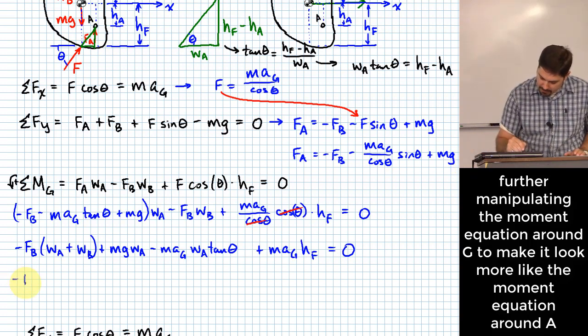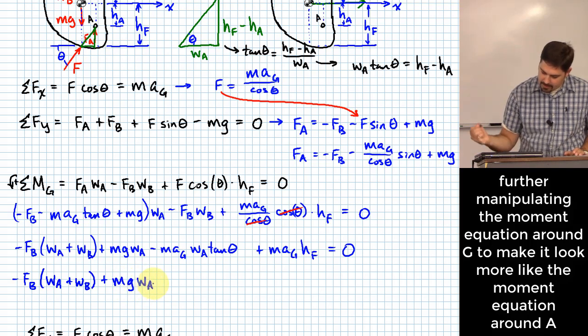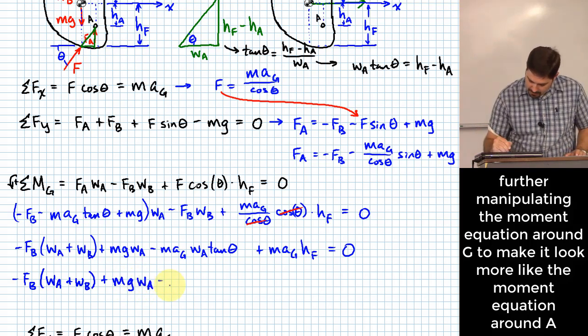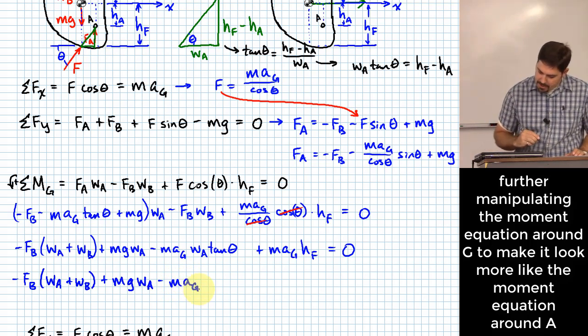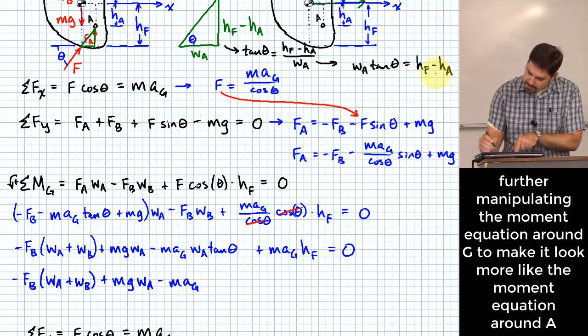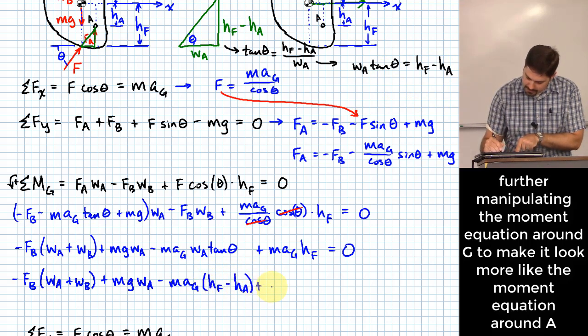So this becomes minus FB times WA plus WB plus mg WA minus m_a g, and now I'm going to do my substitution here, HF minus HA, plus m_a g HF.